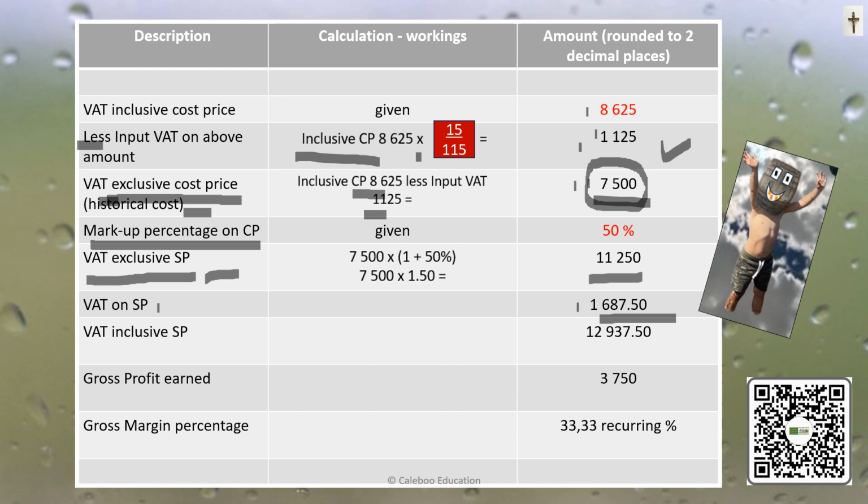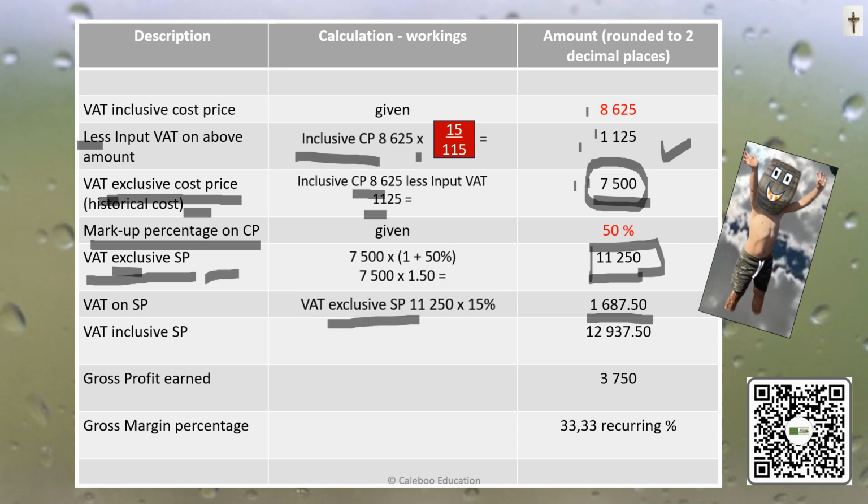We are going to say the selling price excluding VAT, the VAT exclusive selling price of 11,250 multiplied by 15%, which is the VAT rate, is equal to 1,687 and 50 cents. So now we have the VAT on the selling price.